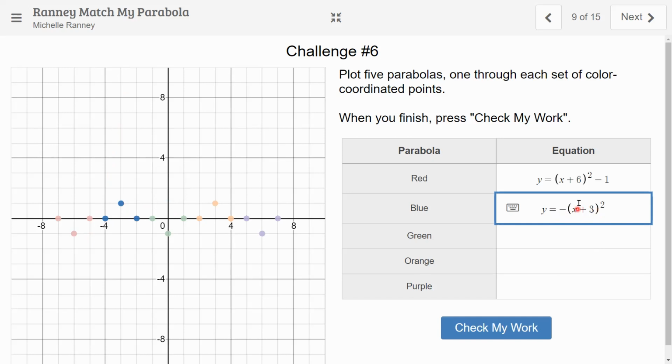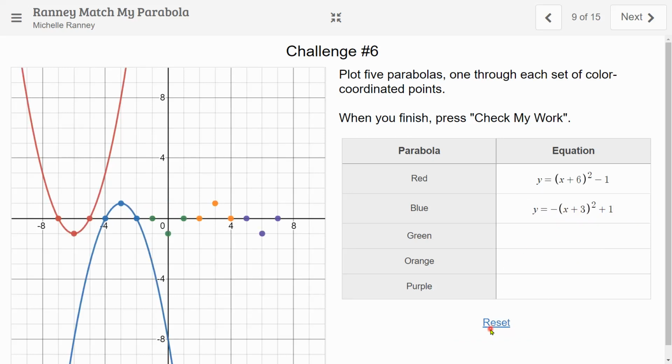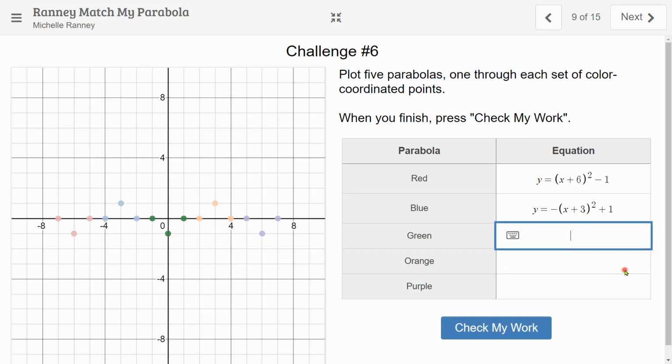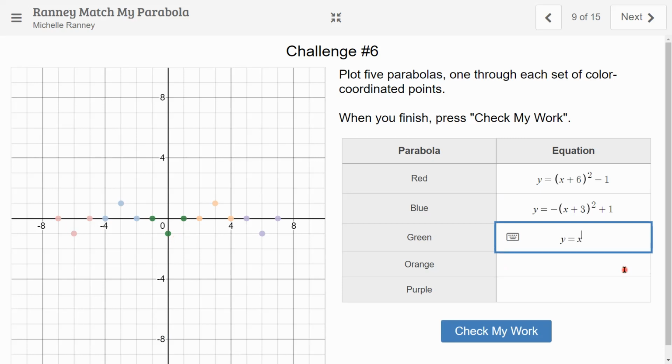The negative outside does not change that direction. And then I need it to be a +1. And there you go. This one here, just dropping it down 1. So this is going to be y equals x squared minus 1.